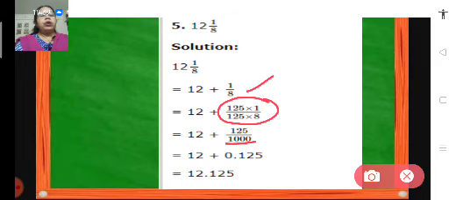So we get 125 upon 1000. So 12 plus 125 upon 1000 we get. Now 125 upon 1000 can be written as 0.125, isn't it? So 12 plus 0.125 becomes 12.125.